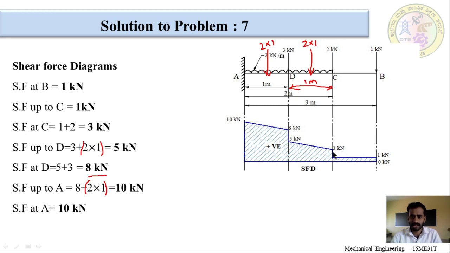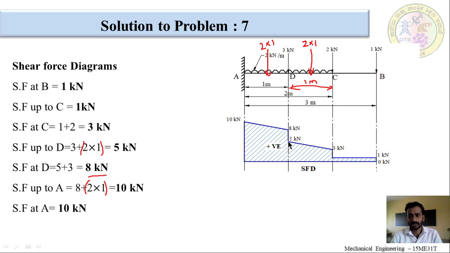So, there will be a vertical line because of the point load. When there is a point load, we will see a vertical line from base to this point, we have 3 units. So, it is a 3 kilonewton load. Now, from C to D, that is shear force up to D, it is 5 kilonewtons.